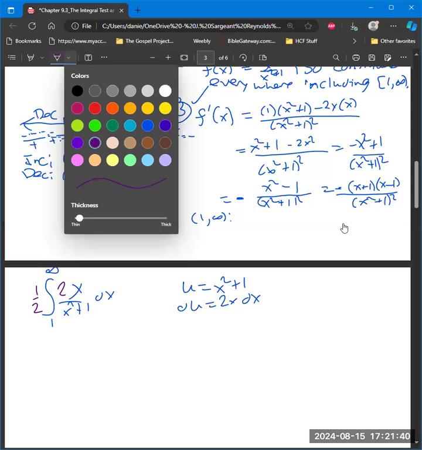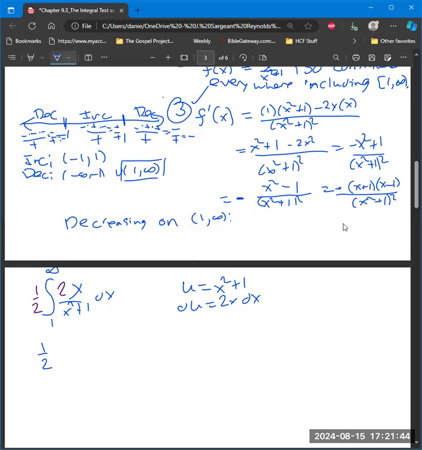And that makes this 1/2, integral from 1 to infinity. I'll fix that with u's in just a second. du over u. If x is 1, u is 2, since 1 plus 1 is 2.